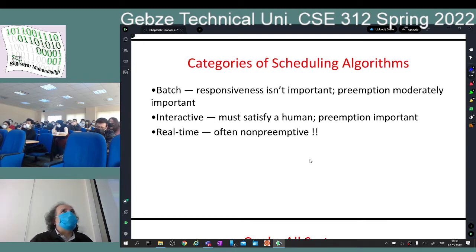For example, it is calculating the invoices of my cell phone customers. I have 10 million cell phone customers, and at the end of the month, I need to calculate their bills.